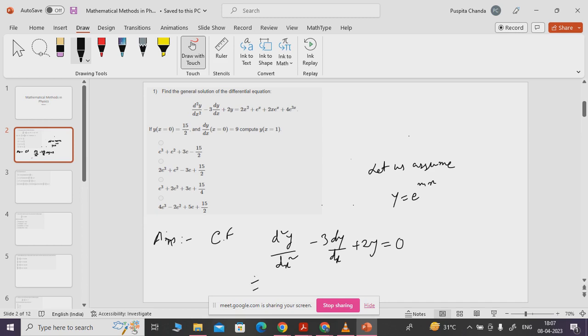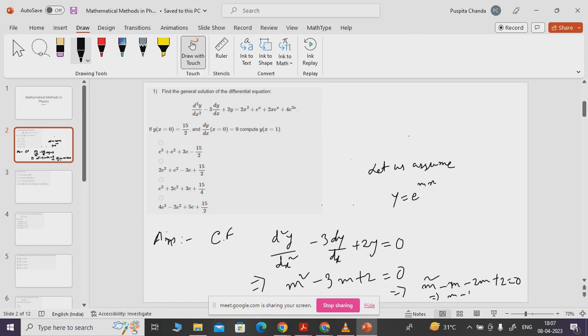This equation will become m square minus 3m plus 2 is equal to 0, which is m square minus m minus 2m plus 2 is equal to 0.